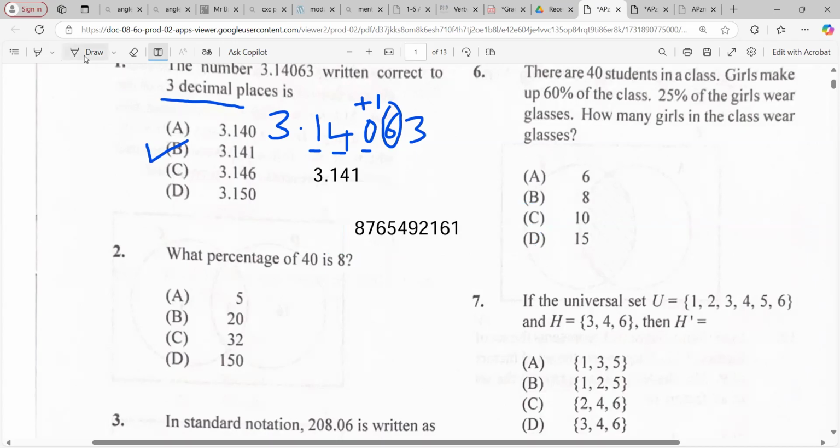All right, so it says what percentage of 40 is 8? So that leaves us with 8 over 40. Since percent means out of 100, we times it by 100%, right? And we work it out. So this cancels. 8 into this goes 1 time.